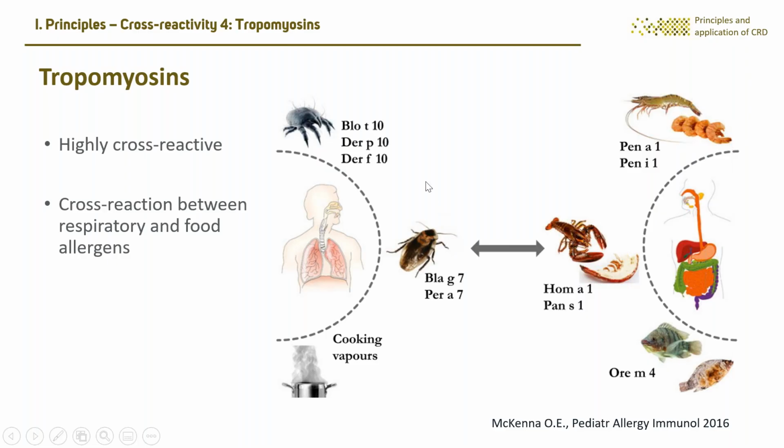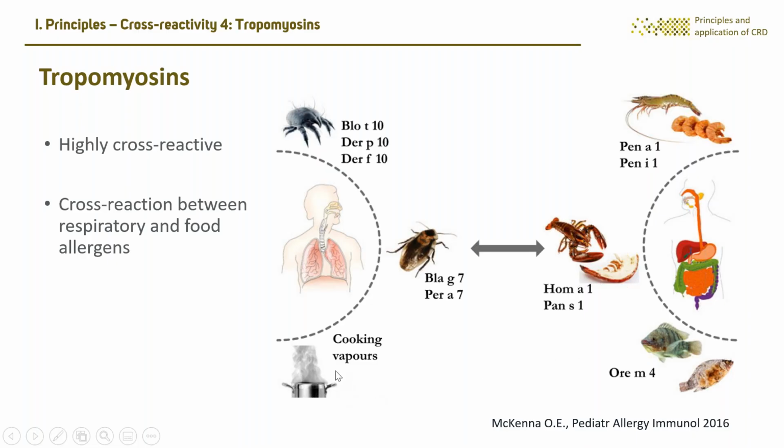So this means that the route of exposure can be the respiratory route, like in those examples, and also the gastrointestinal tract. And also the primary sensitizer can be seafood, leading to a secondary respiratory reaction, or it can be that, for example, sensitization to tropomyosins from house dust mite is at the beginning, and then the patient cross-reacts with tropomyosins from other sources.